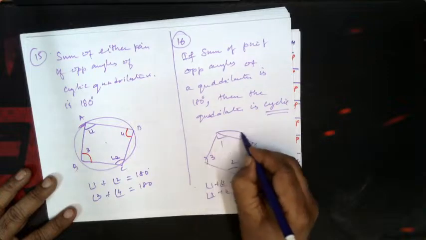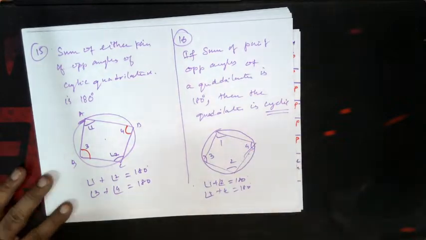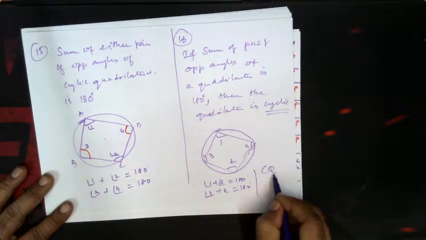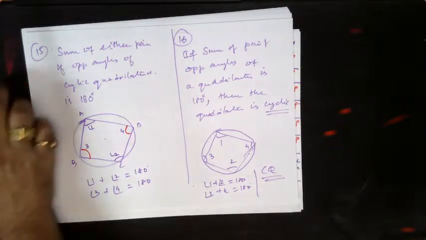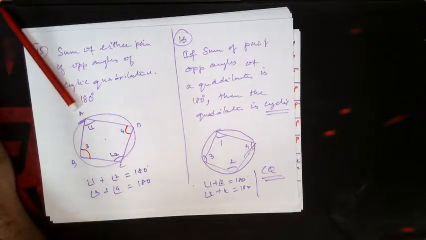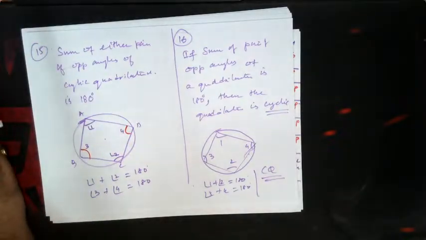It means it is a cyclic quadrilateral. Are you able to follow? Then it is a cyclic quadrilateral. Clear? So you have to memorize all these 16 points in the circle.